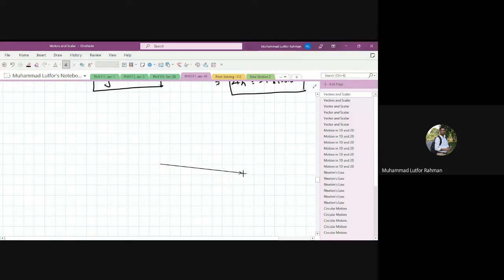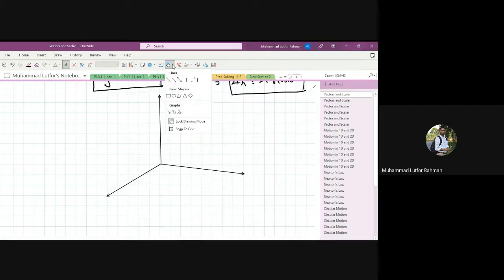All right, let's think about the three-dimensional case. So this is the case.